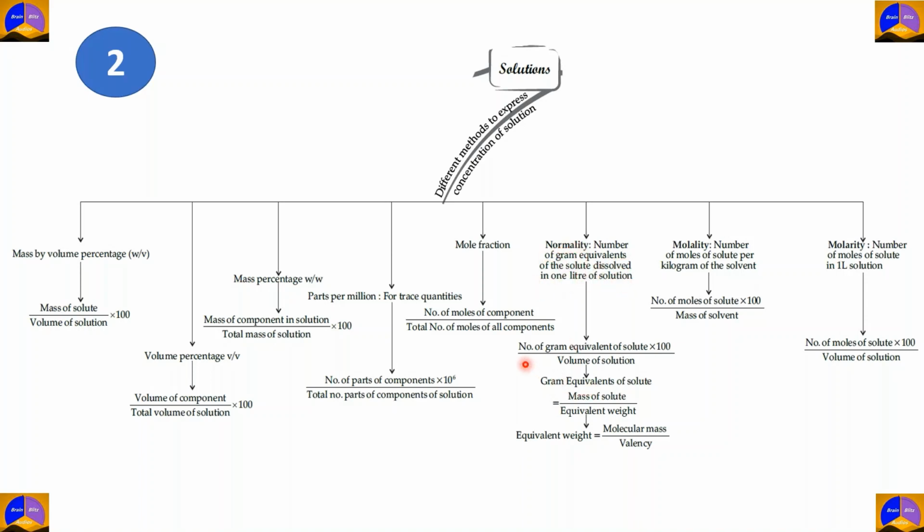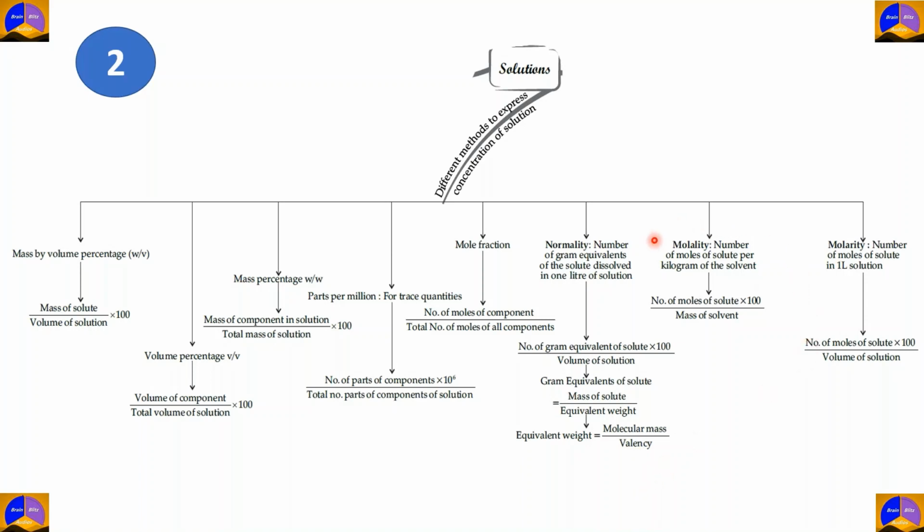The formula here is number of gram equivalents of the solute divided by volume of the solution into 100. Gram equivalents can be calculated as mass of solute divided by equivalent weight. Equivalent weight is molecular mass divided by valency.